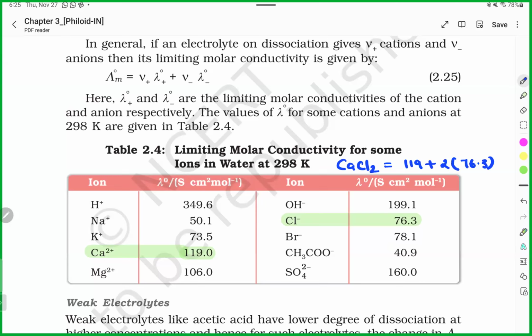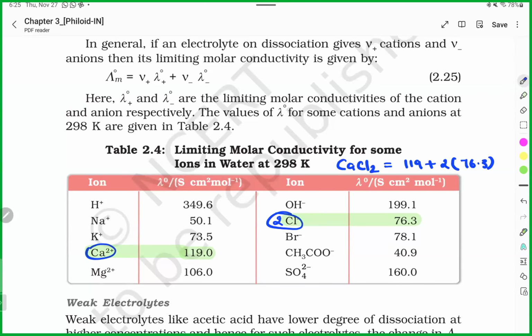Why? Because you have two chlorines. That is what the Kohlrausch law says: in a strong electrolyte, every ion will contribute to the conductivity. Here you have three ions, one calcium and two chlorine.